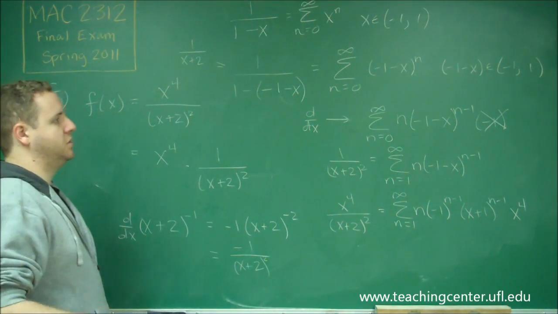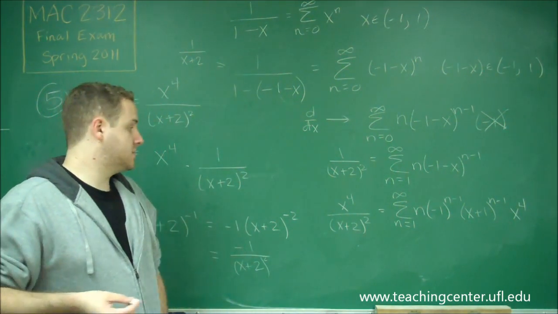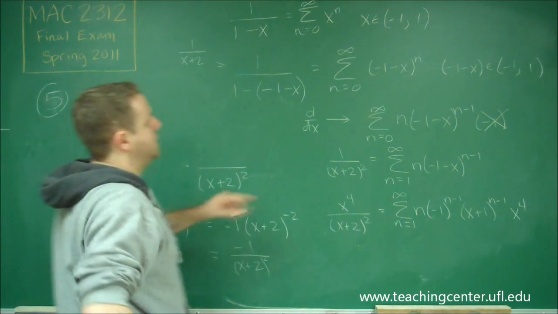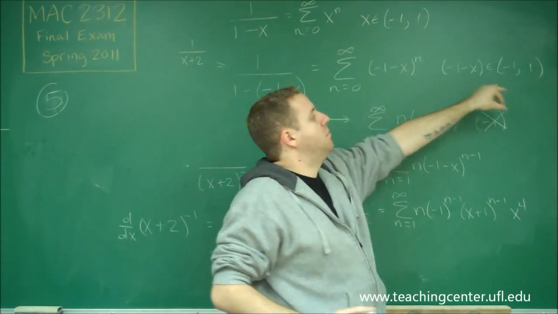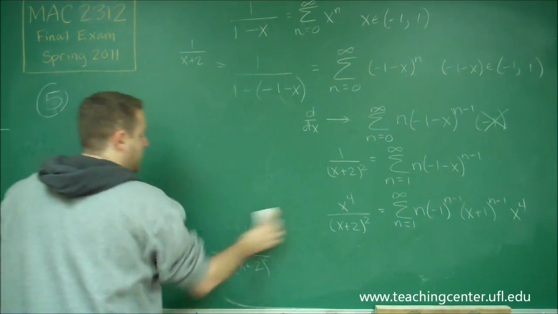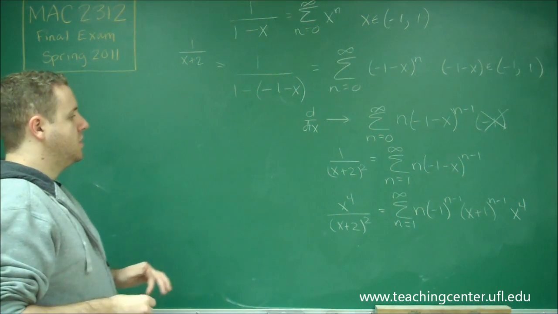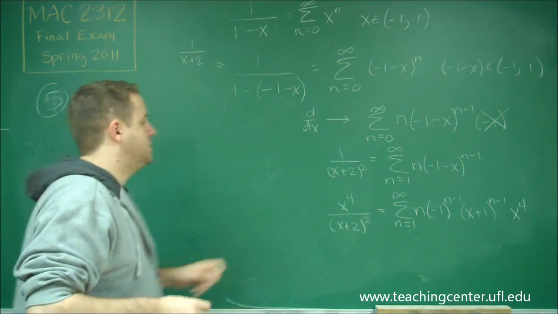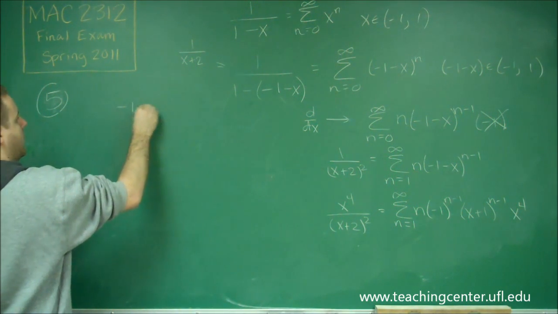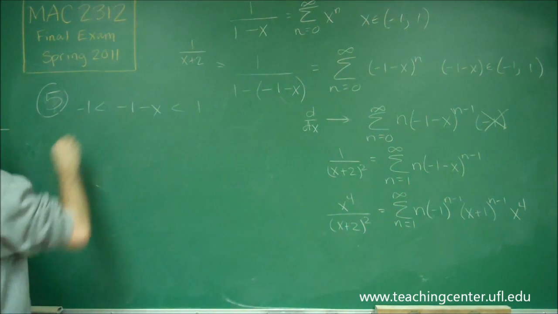The last thing we need to do is consider what our interval is in terms of x. We know that -1 minus x has to be in that interval, so let's get it in terms of x by itself. We know that -1 minus x has to be between -1 and 1.